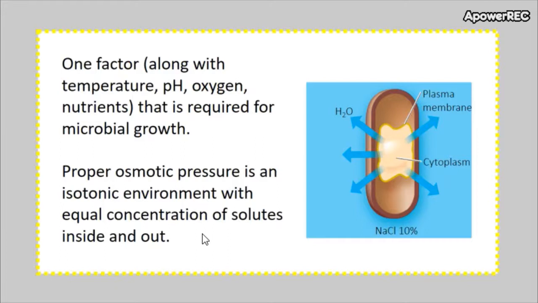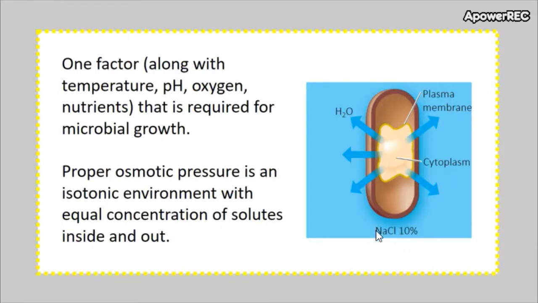What it does is it causes water to move inside or outside of the cell in order to try and restore a balance to those concentrations. So imagine in the cell, if there are more ions on the outside, or let's say more sugar molecules on the outside, then this cell is existing in a hypertonic solution. So it says NaCl 10%.